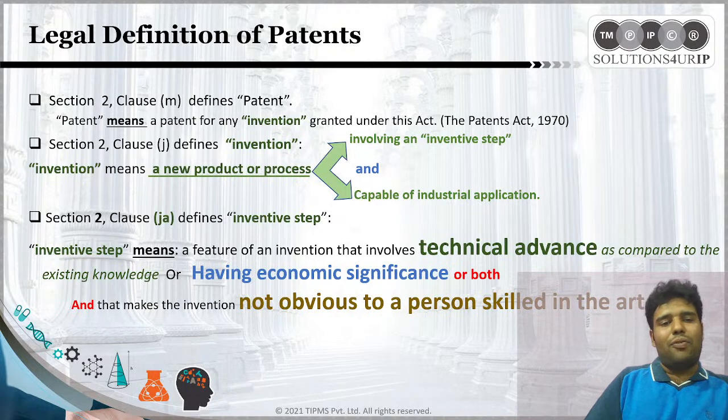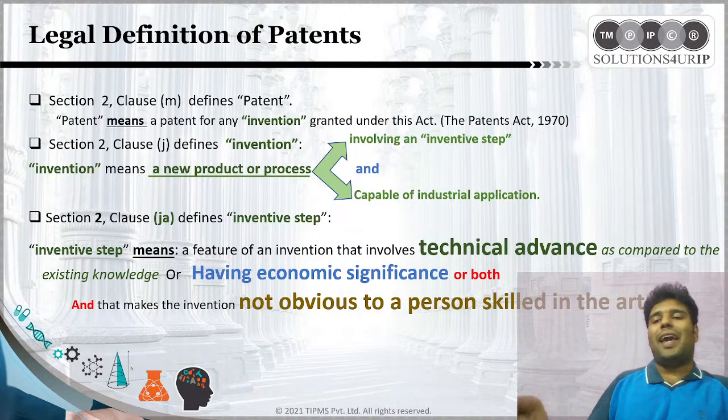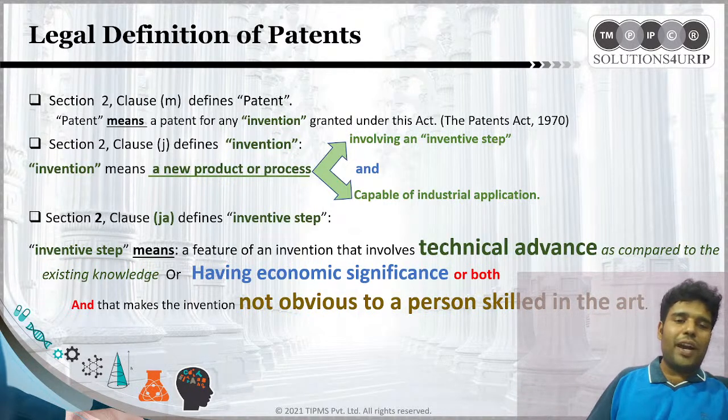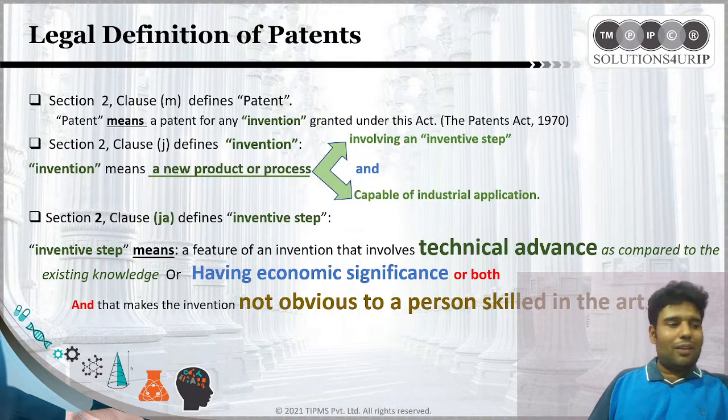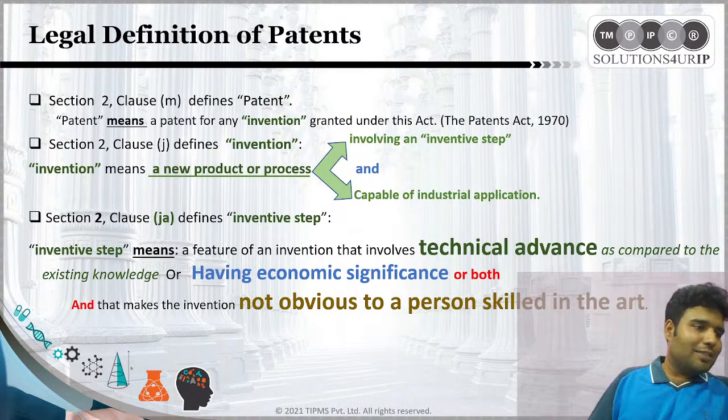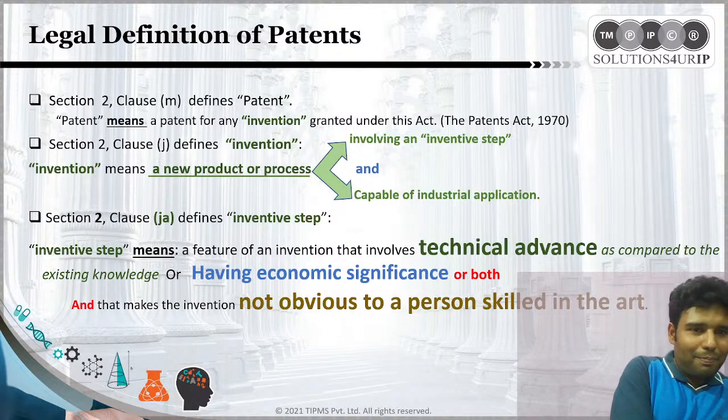Section 2(1)(m) of the Patents Act, 1970 defines patent. Okay, now the next thing is, is everybody clear what is patent? Patent means a patent for any invention granted under this Act.